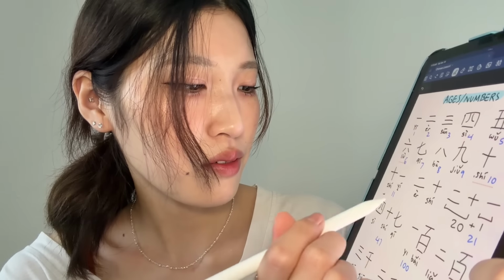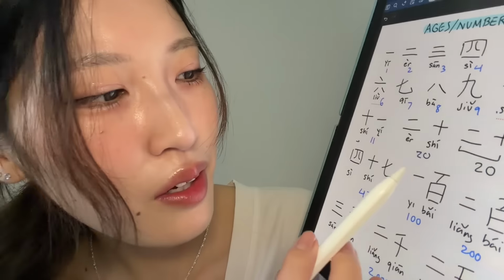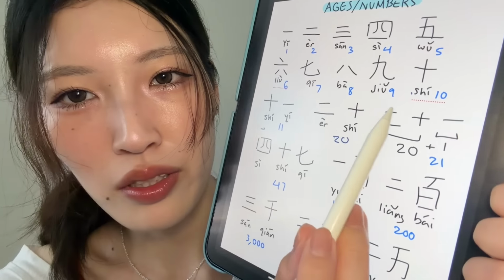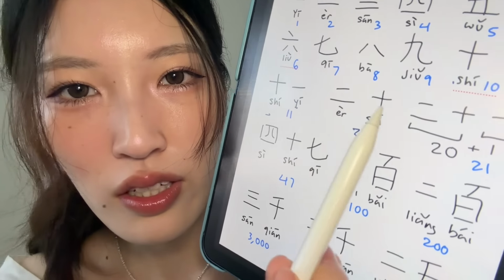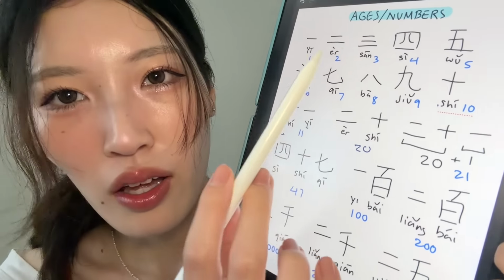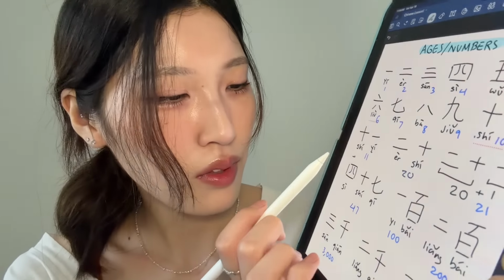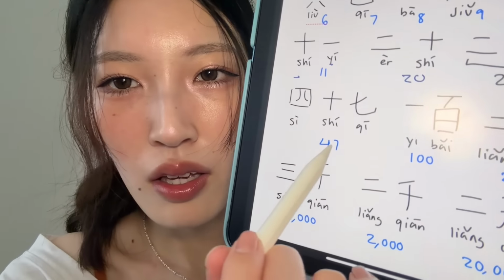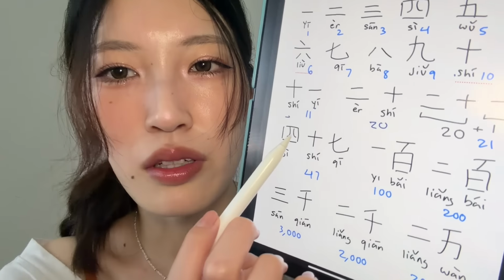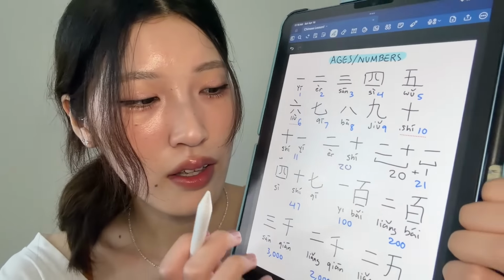I literally miswrote this. It's 20 years old, okay. And then 21, so we take 20 here and add the 1. And you can do this with the other numbers as well. So if you want to say 47, you can take 4, 10 basically. So 40 and then 7 for 7.